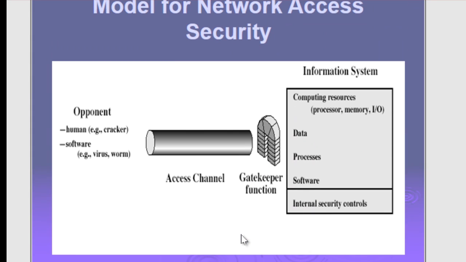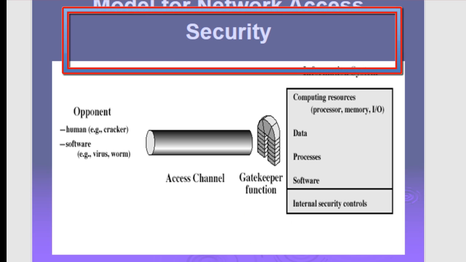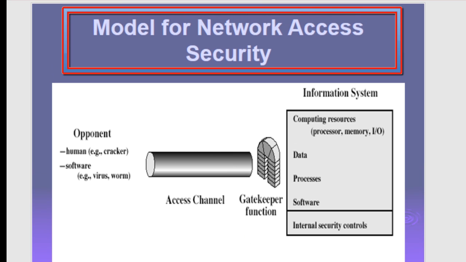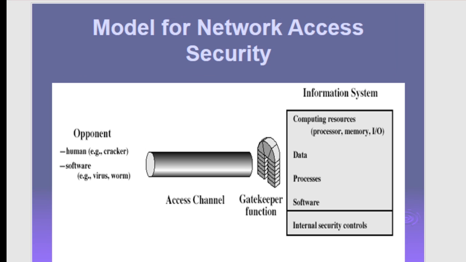And the next concept is the model for network access security. In the previous slide we saw a model for network security, for providing security. Here it is how you provide security when any other third person, any unauthorized person, is trying to access your resources.